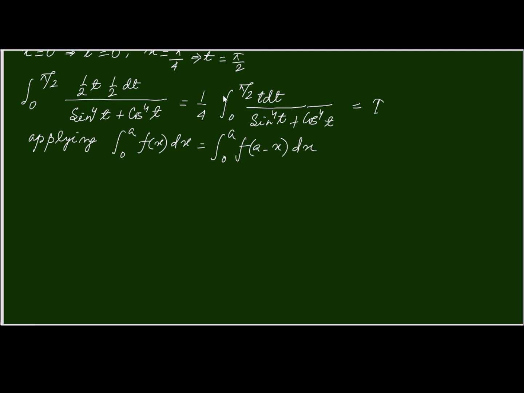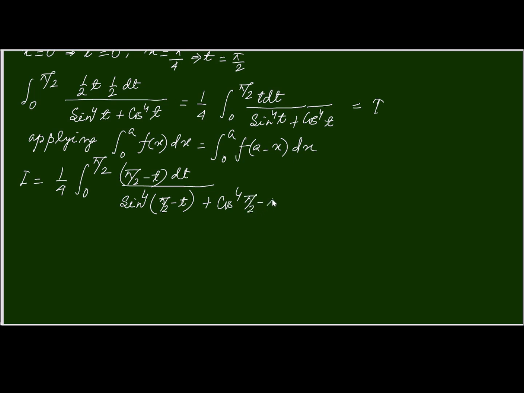So here a equals pi by 2, so I can write I equals 1 by 4, integral 0 to pi by 2, pi by 2 minus t dt over sine power 4 of pi by 2 minus t plus cos power 4 of pi by 2 minus t.